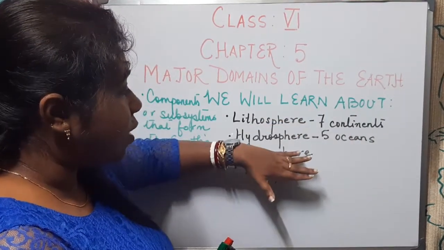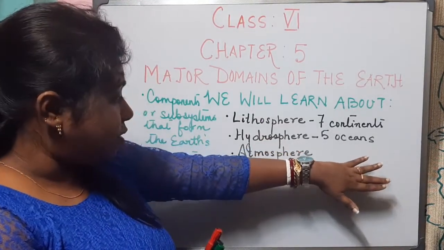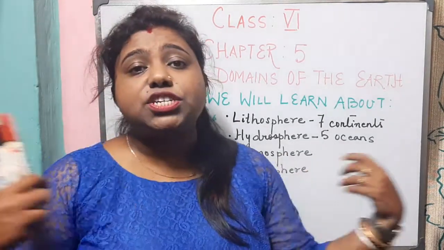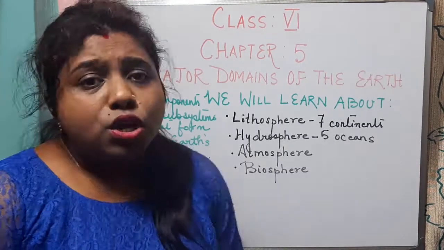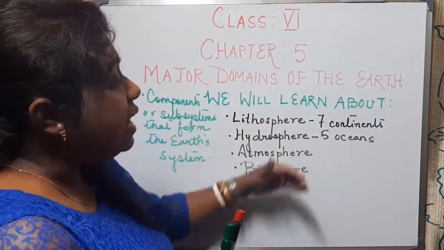We will also learn about the hydrosphere, and about the 5 oceans. We will also learn about the atmosphere, the gaseous envelope that surrounds our earth, and the biosphere where life exists. So in this chapter, we are going to learn about all this in detail.